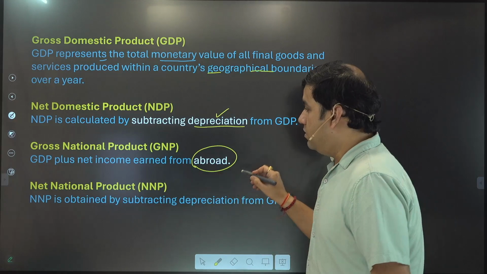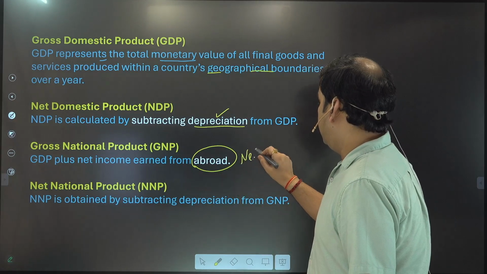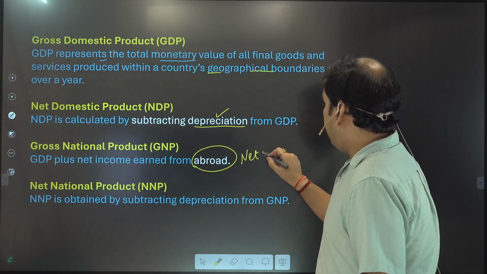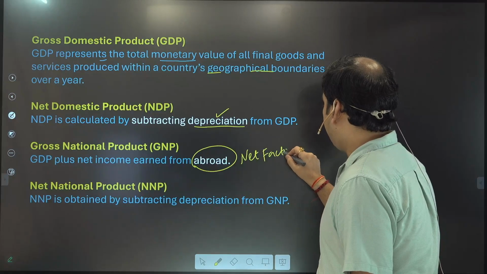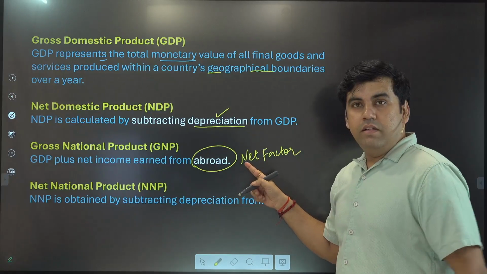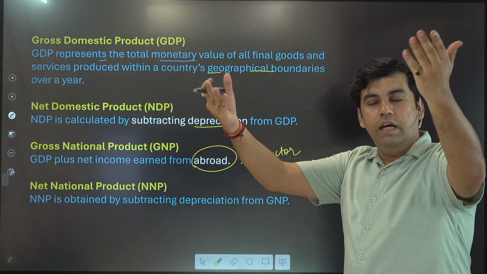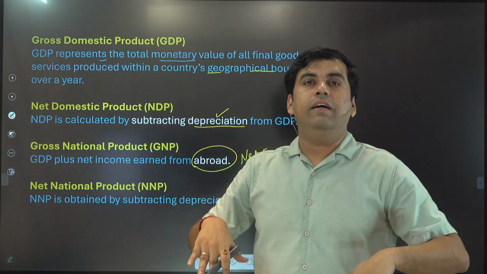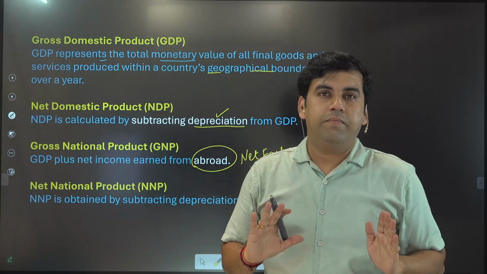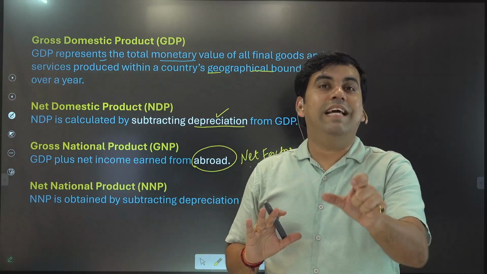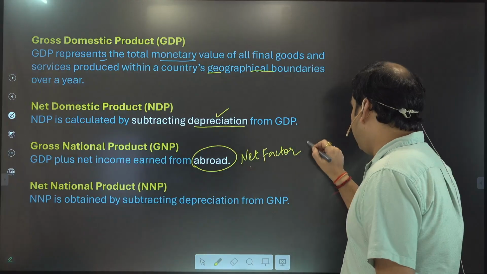This is known as net factor income. Net means outgoing and incoming. Some money is going from India to outside, some money is coming from outside to India. We adjust that, and the answer we get is net factor income.